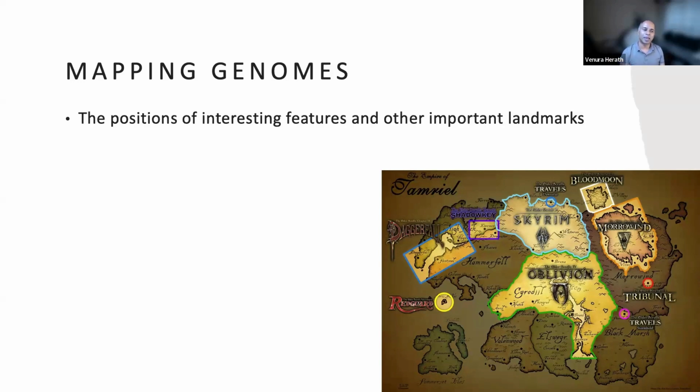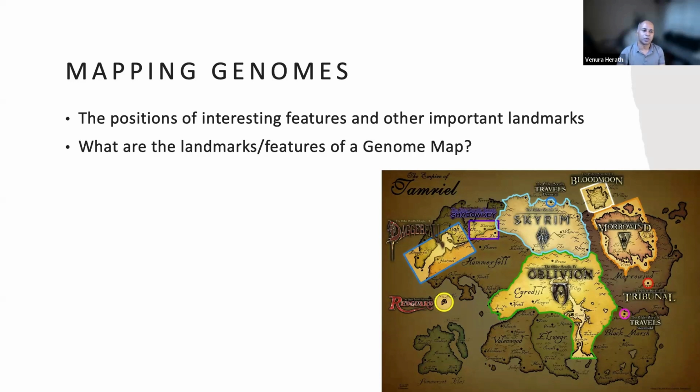When you look at a map, it usually has positions based on interesting features and other important landmarks. That's how we know, okay, this is that, and this is how we move forward. When it comes to a genome map, can you let me know what are the landmarks and features you expect in a genome map?